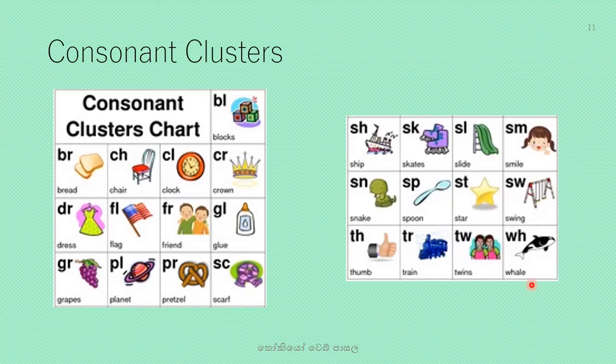So you can see what consonant letters we cluster when we build these words. When we want to build bread, we cluster B and R. Bread. This is what we call consonant clusters.